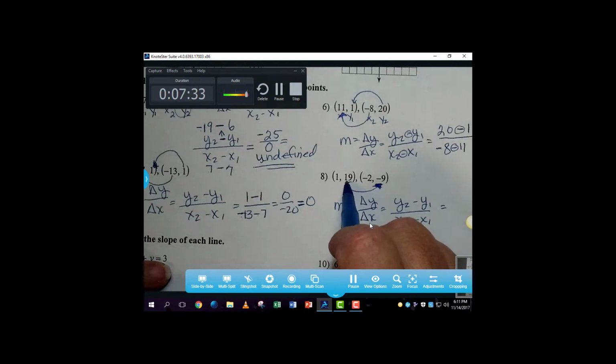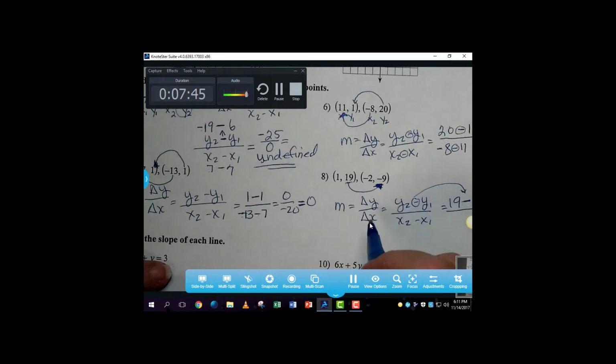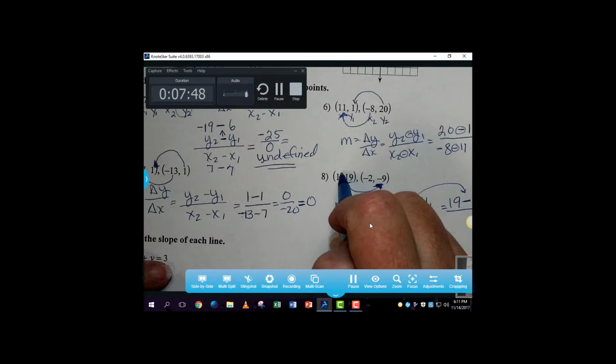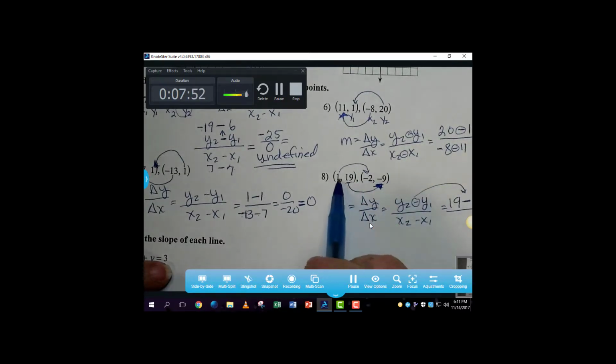So I'm going to have 19 minus, from the formula, and now I'm subtracting this way, so 19 minus negative 9, divided by, and now I need to go this way, 1 minus, from the formula, negative 2.